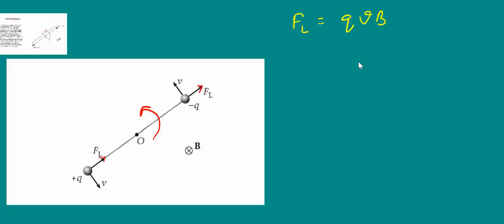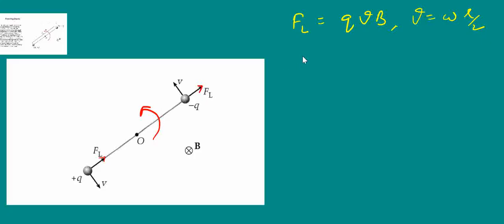v and B are perpendicular to each other, and v can be written simply as omega L by 2.